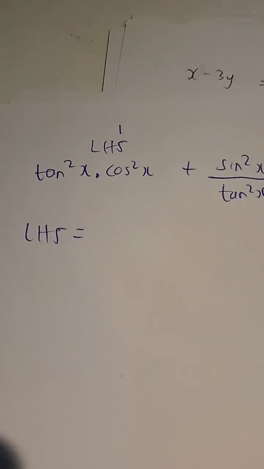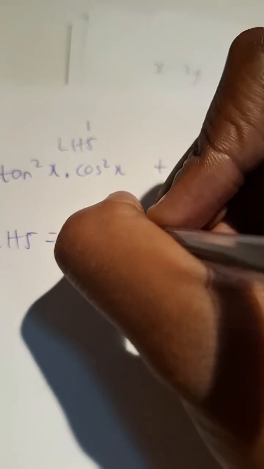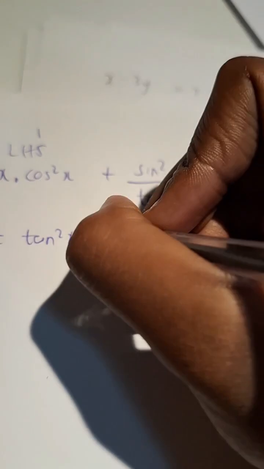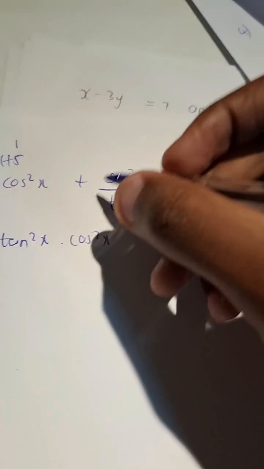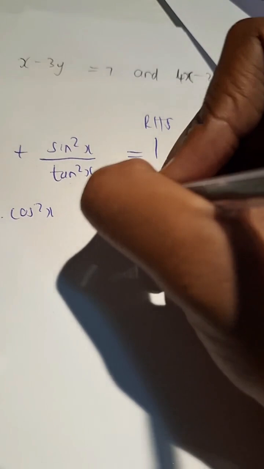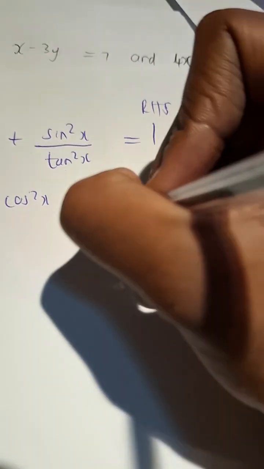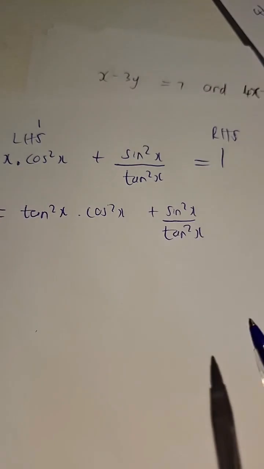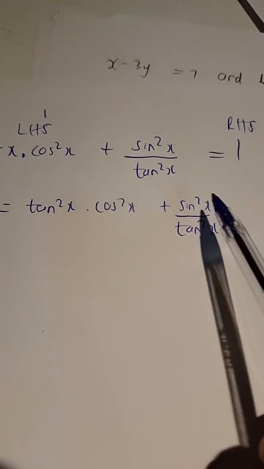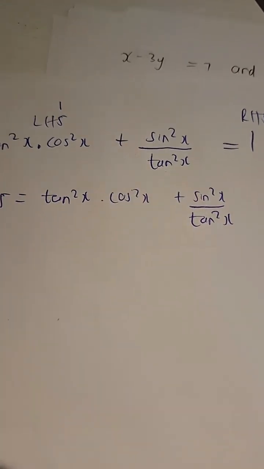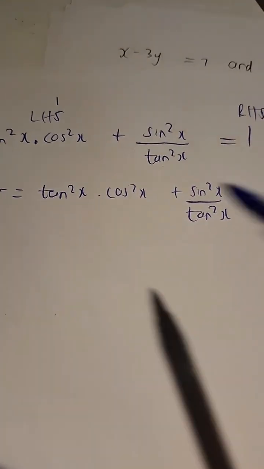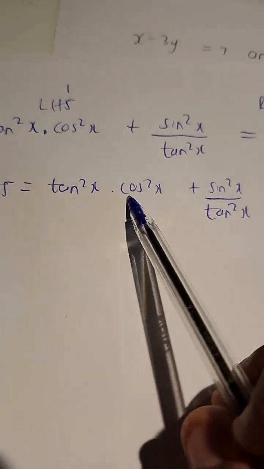So we rewrite this: tan squared x cos squared x plus sine squared x over tan squared x. Then maybe one will say fractions, but I am saying that before that you have tan squared x times cos squared x. This is multiplication.